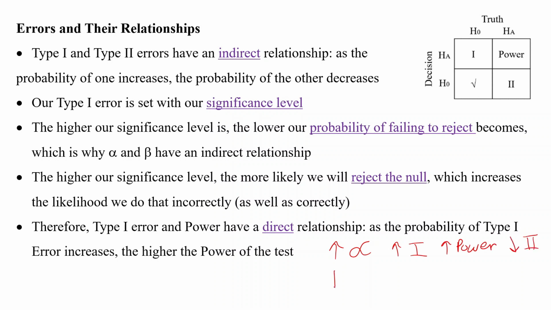If you decrease your significance level, you decrease your type 1 error, you decrease your power, and you increase the probability of a type 2 error. Those are the important relationships I want you to walk away knowing and understanding.